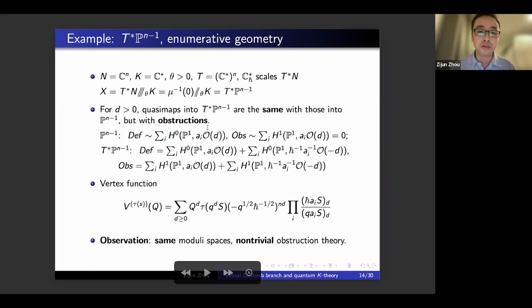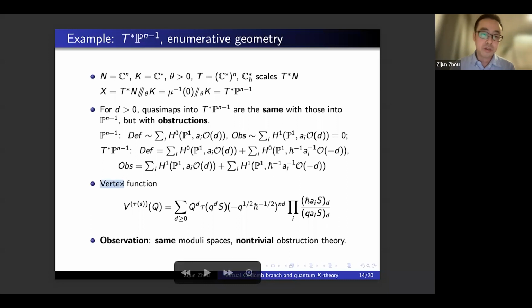Deformations come from H^0 of O(D), but obstructions are 0 because H^1 of O(D) would be 0 when D is positive. But for T*P^{n-1}, you have another half coming from the cotangent direction. So you have H^0 of O(-D), and you also have H^1 of O(-D). This part in the obstruction will not vanish. So you always have a non-trivial obstruction theory in T*P^{n-1}.